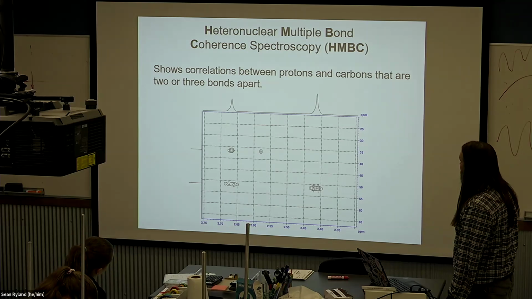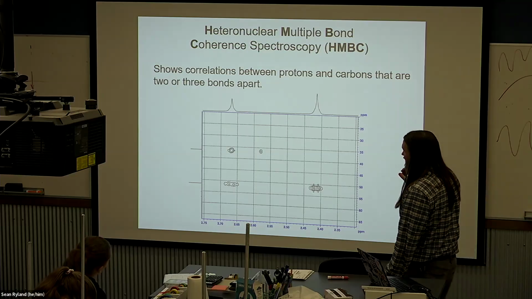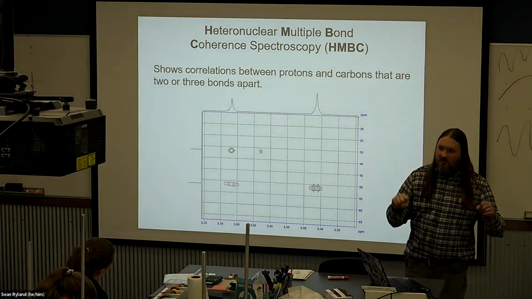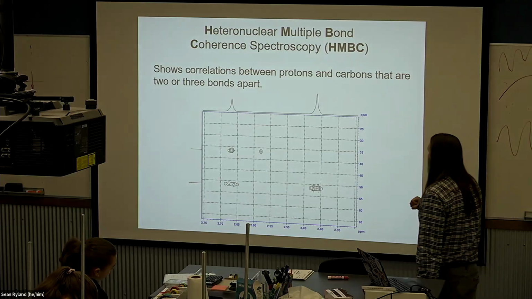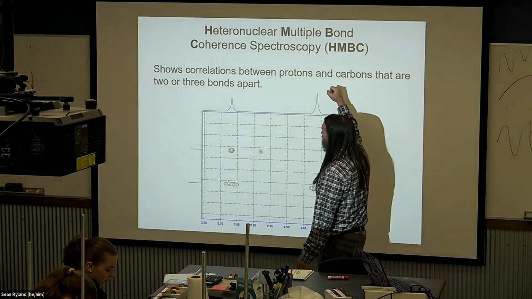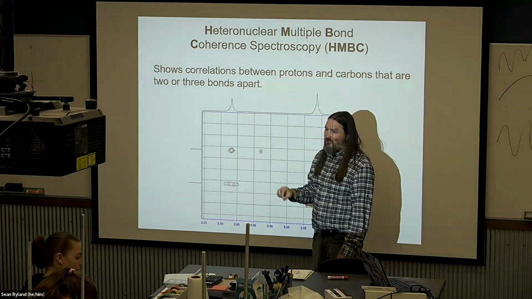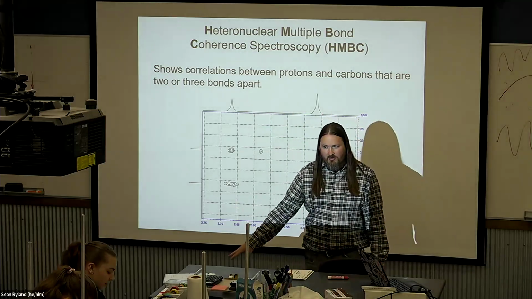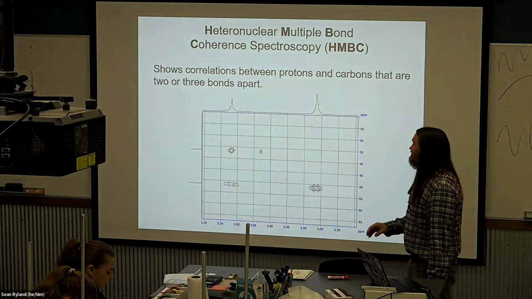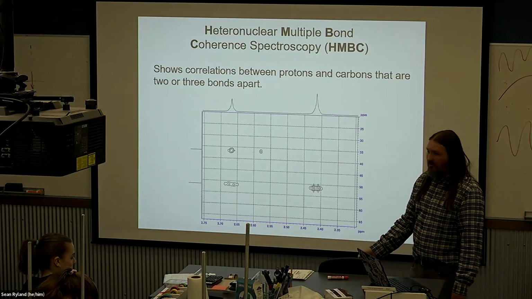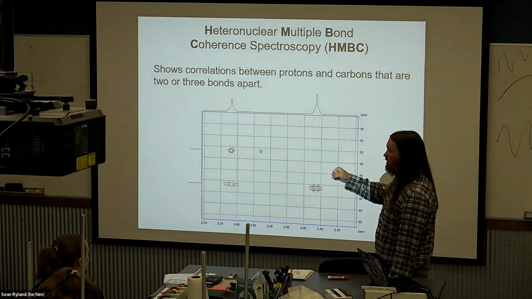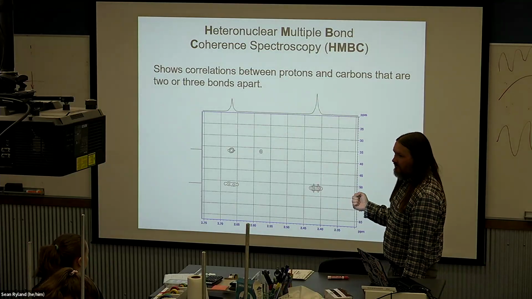But where HSQC looks specifically at just what protons are attached to what carbons, this shows correlations when you've got protons and carbons that are 2 or 3 bonds apart. Not 1, not 4. So this one's not going to show us what hydrogens are directly attached to carbons. It's going to show us our nearest neighbors.